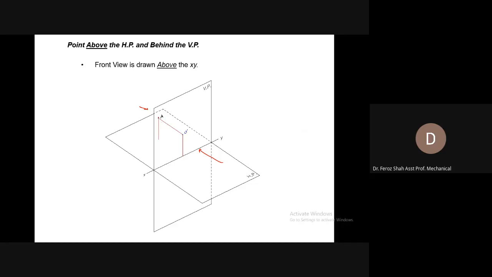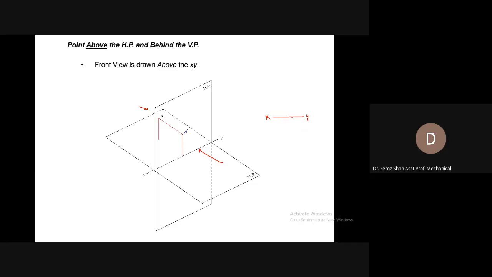So in this case, if we want to draw its views, we will only draw the XY reference line. We will not draw these two planes. These two planes are for your understanding, so that you depict the exact orientation of your point and then how to draw it on your drawing sheet.